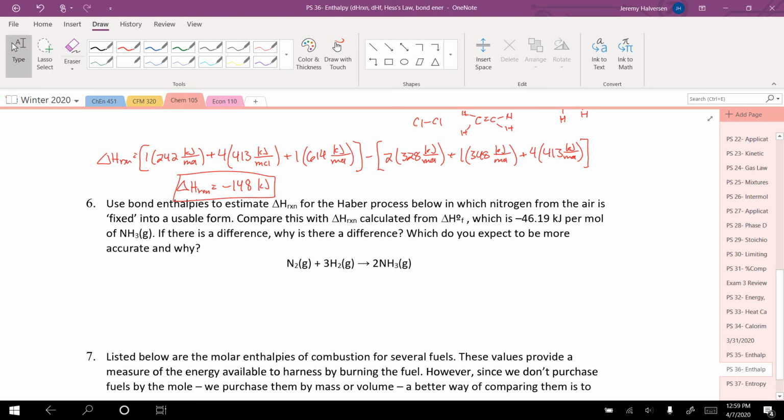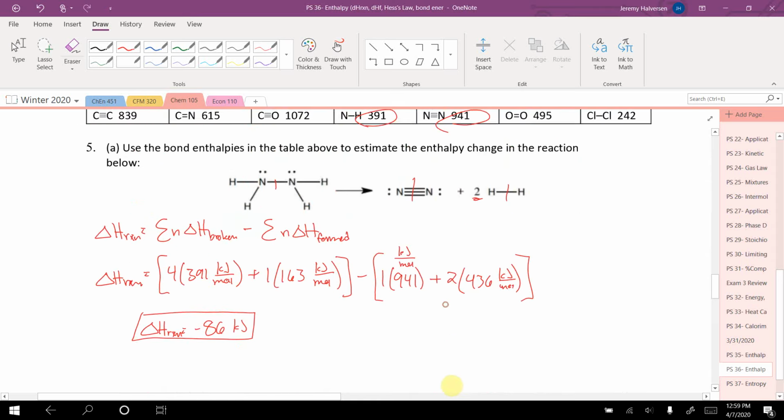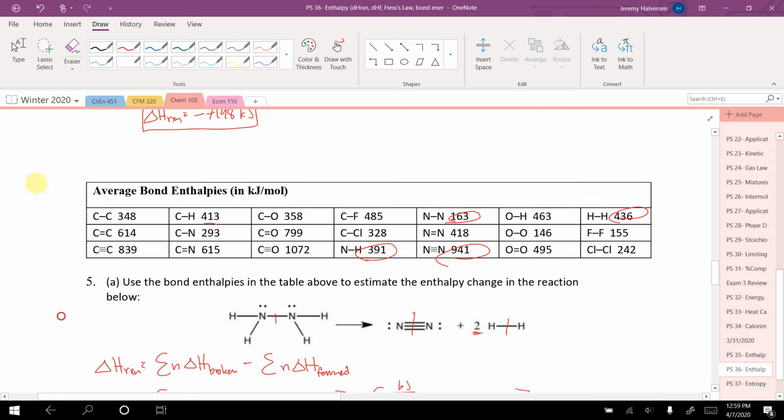Okay, so we've got N2, H2, and NH3. Bond enthalpies will be broken minus formed. We are breaking an N triple bond, which is 941.